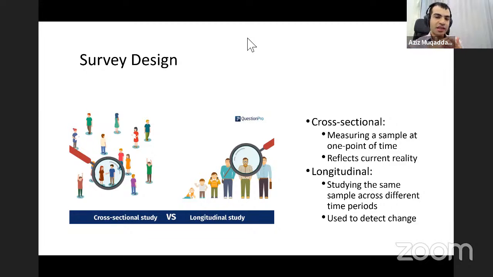Longitudinal is if you want to see progress. A longitudinal study is applied when you're trying to detect change, either in reaction to an intervention or as a reaction to an event, like a historical event. For example, longitudinal studies are conducted a lot during election years.